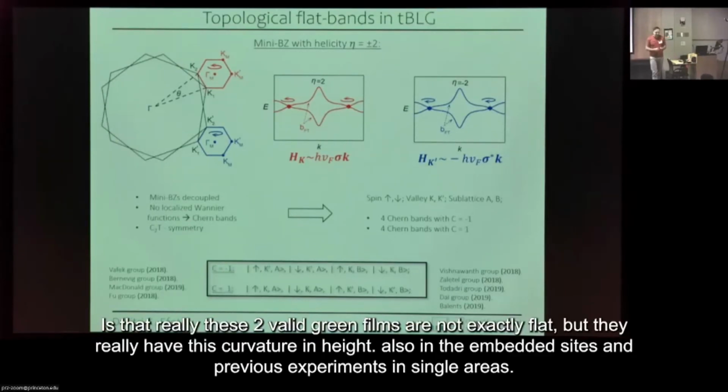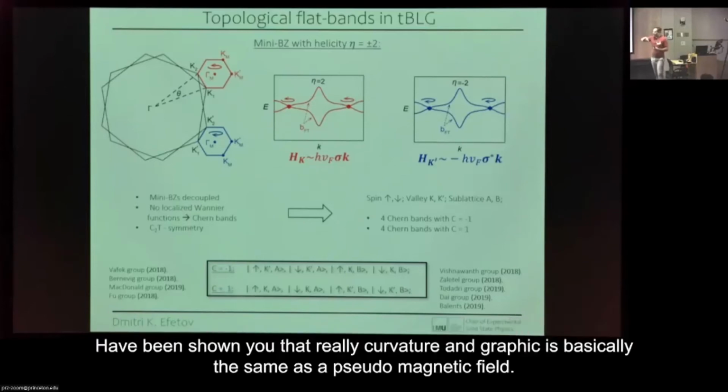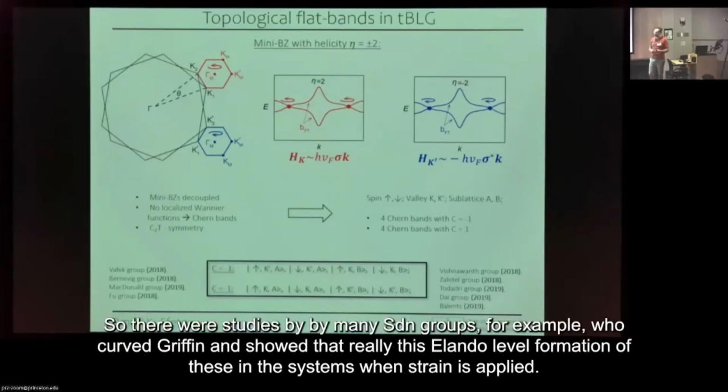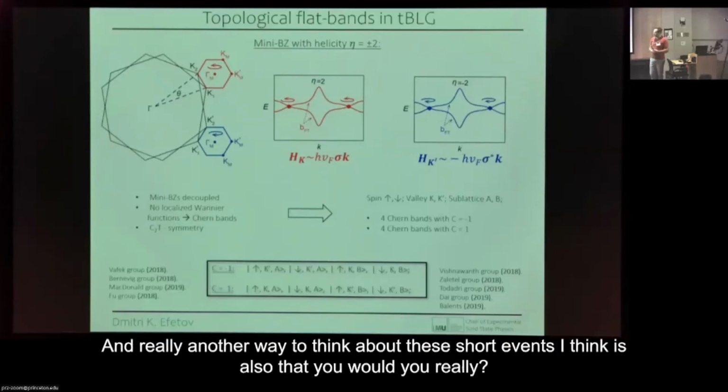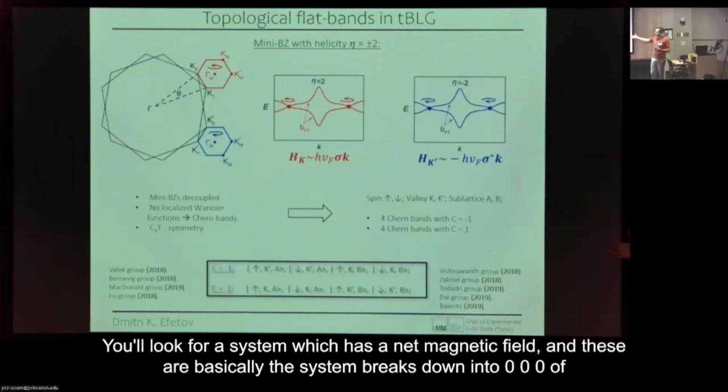Previous experiments in single layer graphene showed that curvature in graphene is basically the same as a pseudomagnetic field. There were studies by many STM groups, for example, who curved graphene and showed that they see Landau level formation in these systems when strain is applied. Another way to think about these Chern bands is that you deal with a system which has a net magnetic field, and the system breaks down into zero order Landau levels.